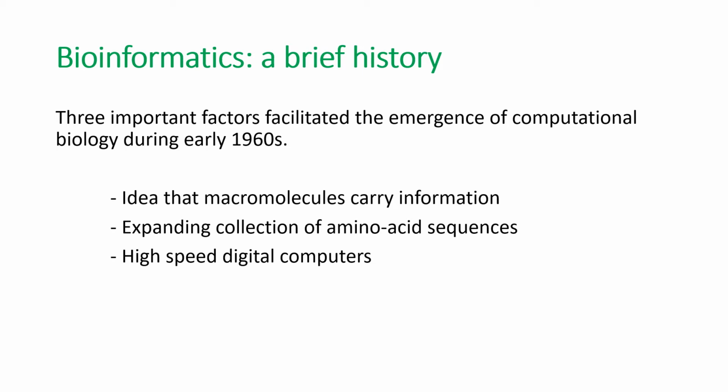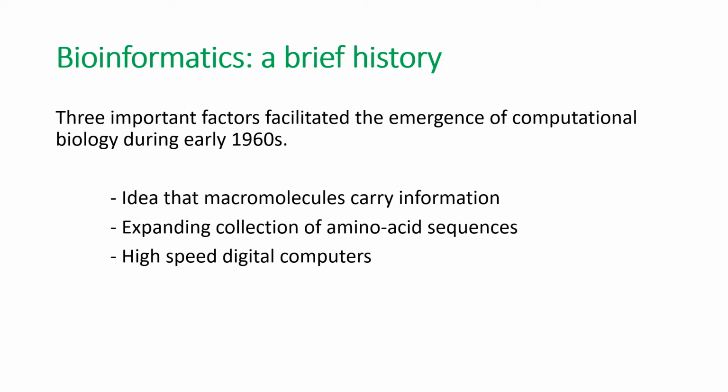But not all scientists believed that. There were some scientists who believed that DNA is the hereditary molecule, and both groups were working in that direction. And the third main factor that facilitated the emergence of computational biology was the development of high-speed digital computers.